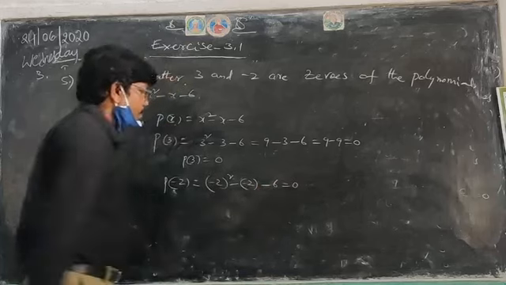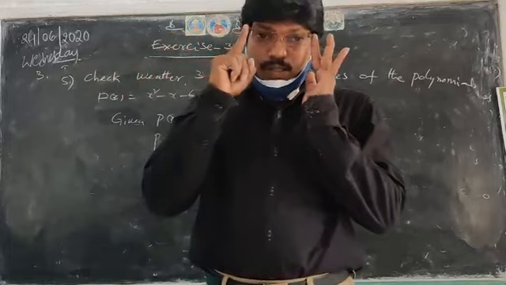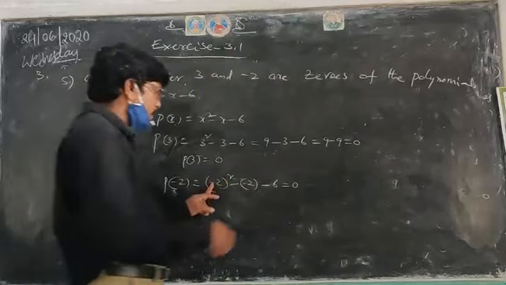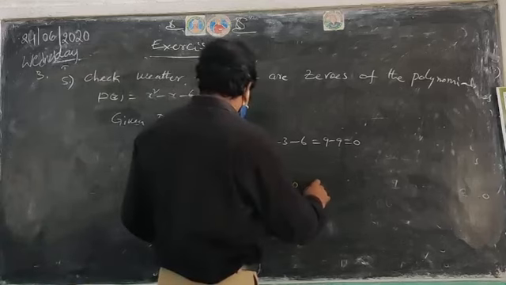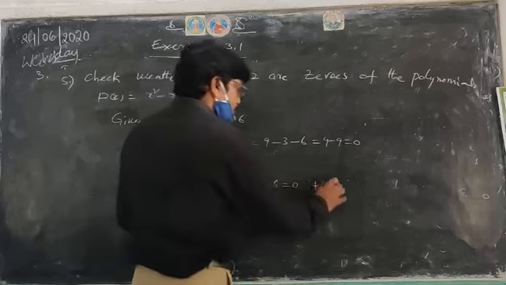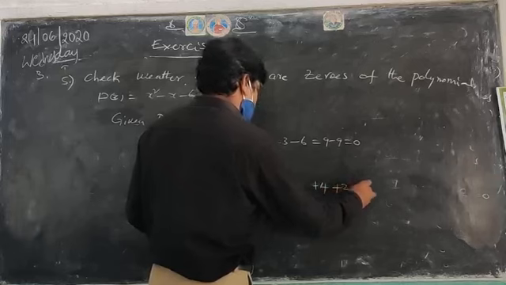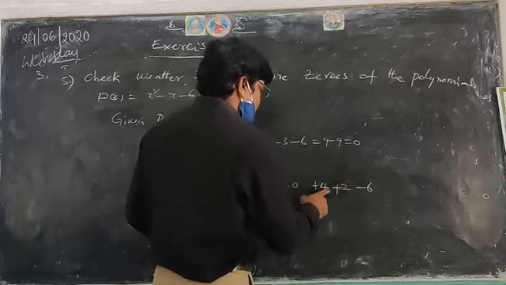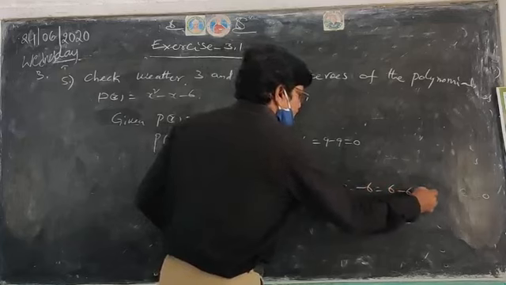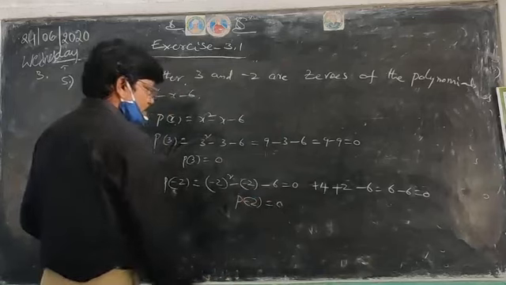Minus 2 whole square: I already told you, a whole power that is an even number makes the minus change to plus. 2 square is 4, minus into minus is plus 2, minus 6. Plus 2 plus 4 is 6, 6 minus 6 is 0. P of minus 2 equal to 0.